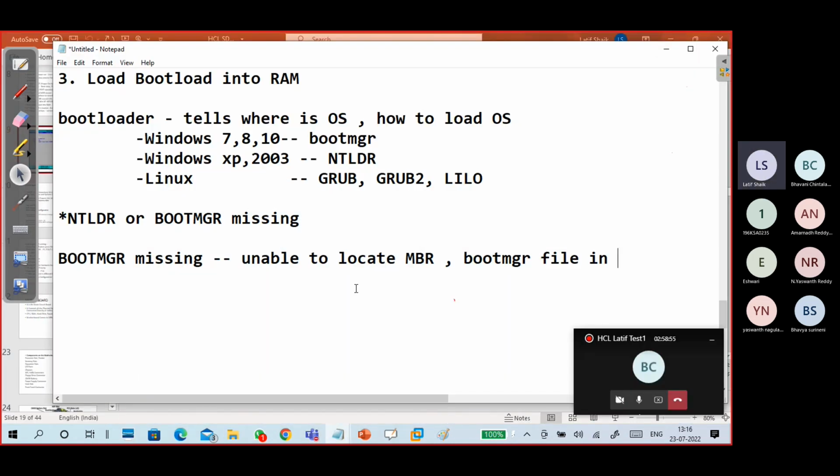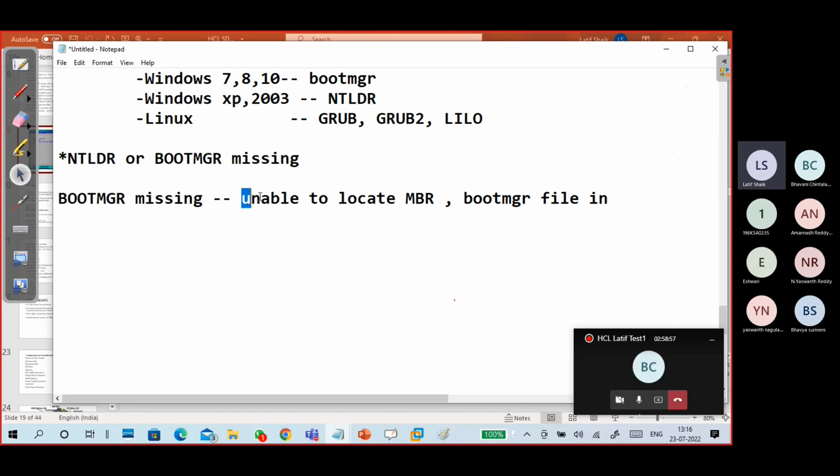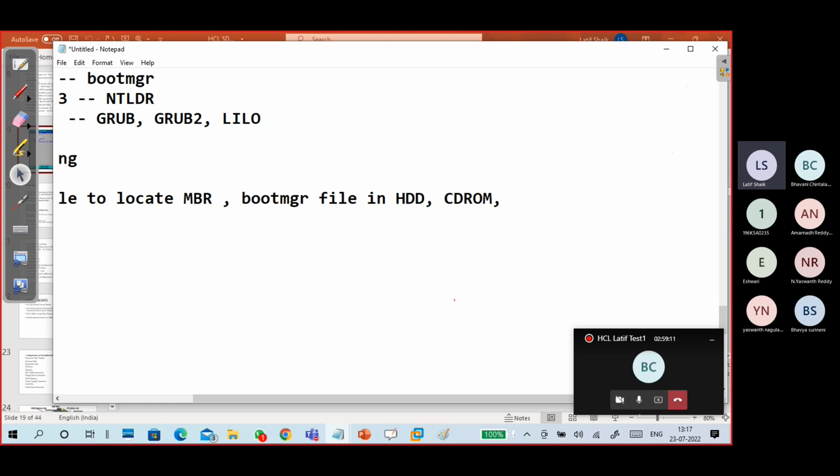No problem. Unable to locate the MBR or boot MGR file, either in your hard disk, CD-ROM, or maybe a removable device or network.